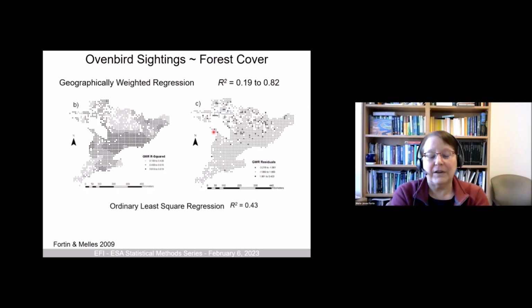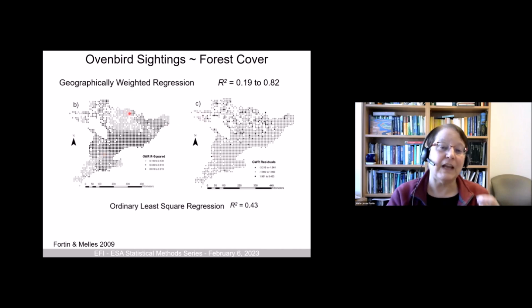So let's look at our friend, the geographically weighted regression. Here on the left panel, those are the pseudo R squared, not exactly R squared, but in the spirit of R squared, and a good indication.